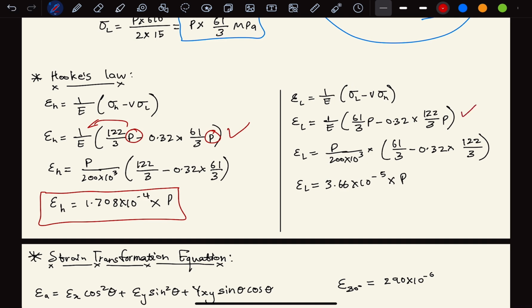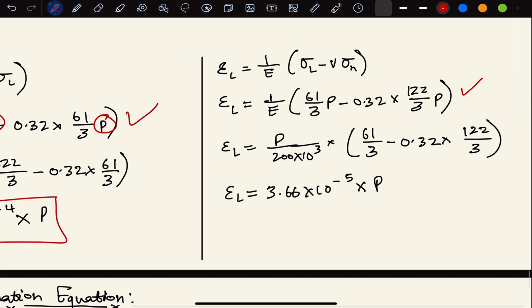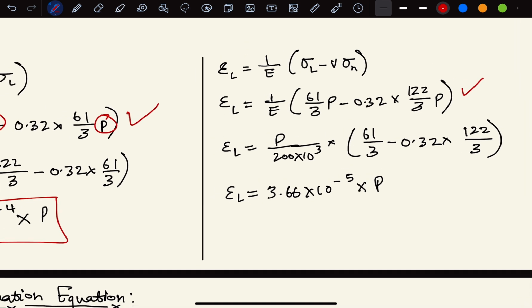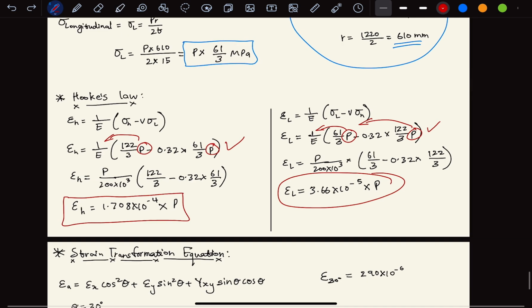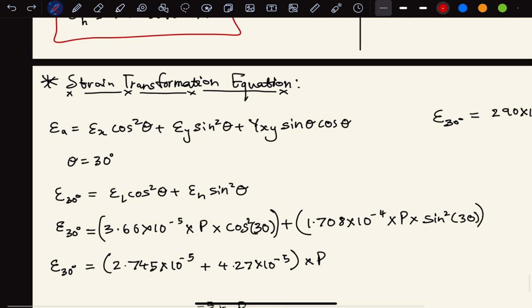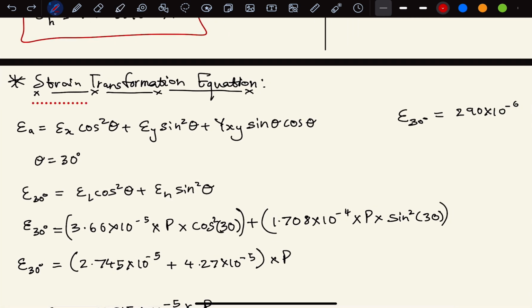And when we get this equation, now we will be bringing out the unknown variable, like the one for the earlier equation, and then we will be getting the final equation, and that is the longitudinal strain equal to 3.66 times 10 raised to minus 5 times P, the pressure that we do not know. And now we will be using the strain transformation equation.